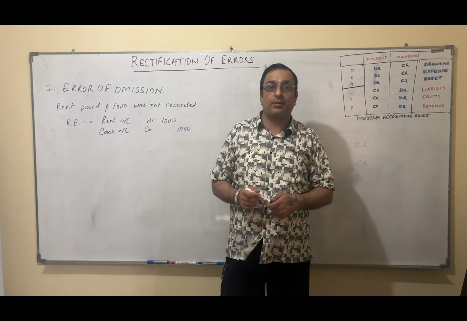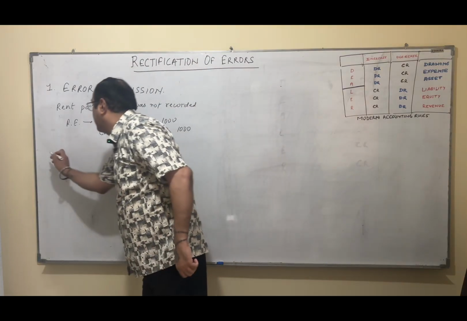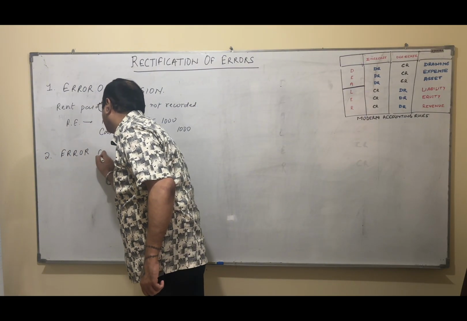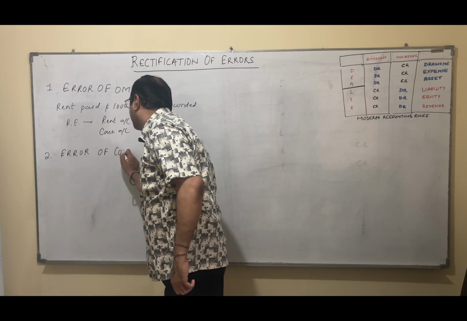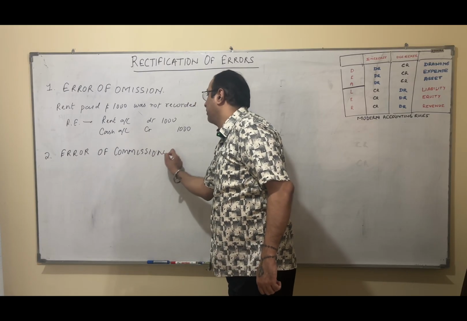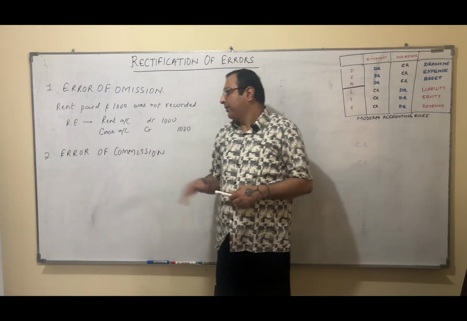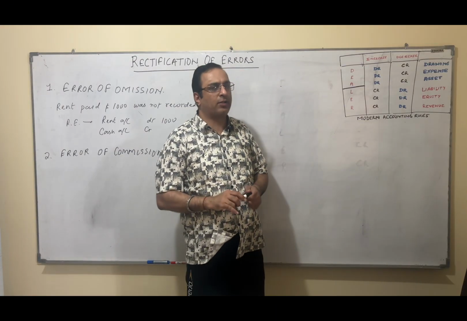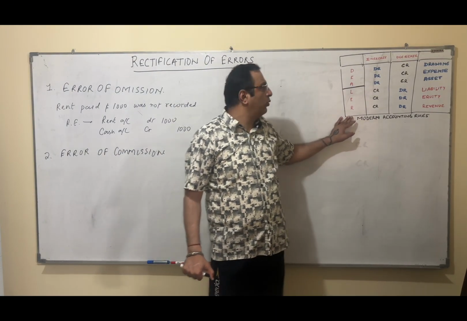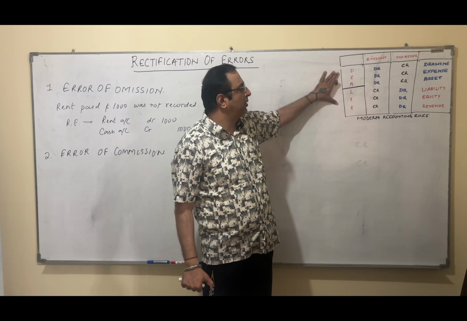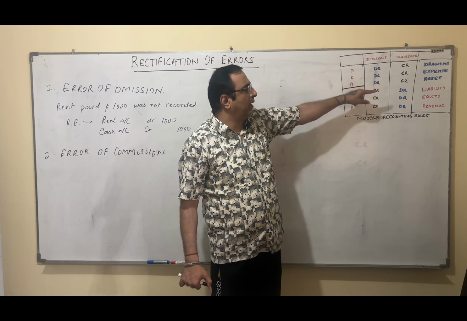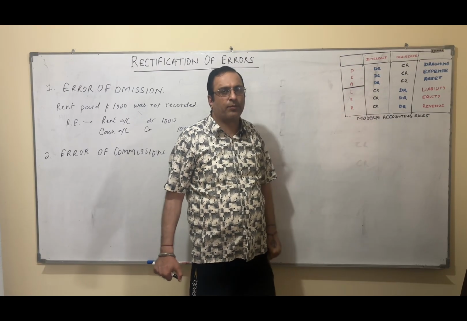Now let us discuss the second error. The second error is error of commission. Before explaining this error, let us go back to the previous session's topic, which was modern rules of accounting. If you remember, I told you a word, right? Dealer, which represents some accounting terms: drawings, expense, asset, liability, equity, revenue.